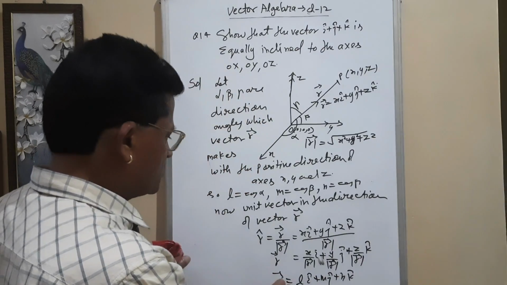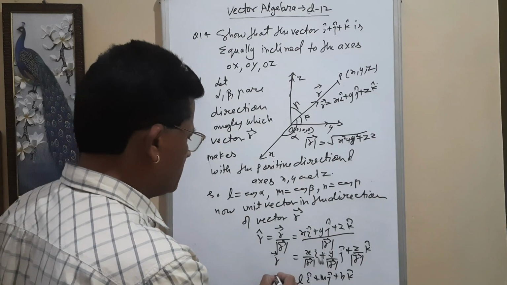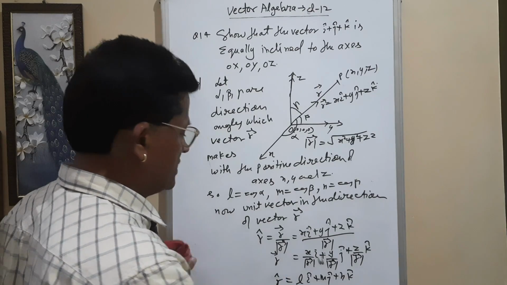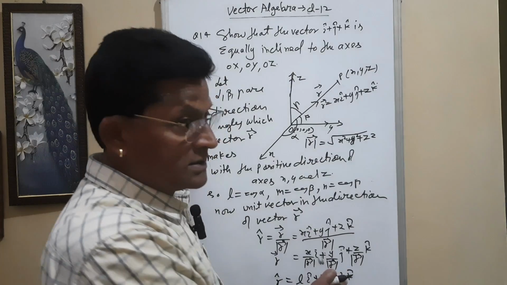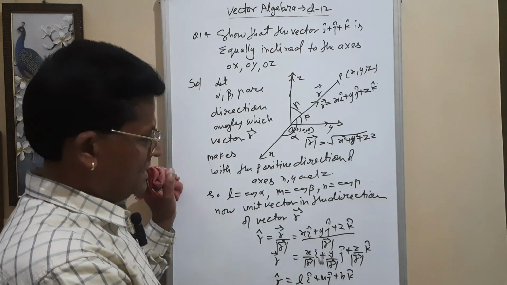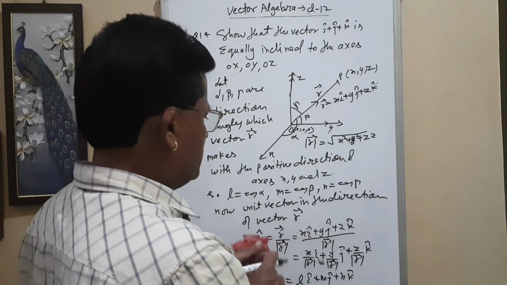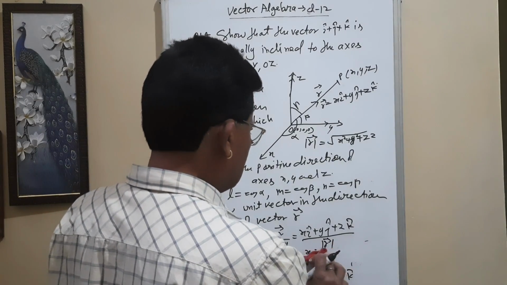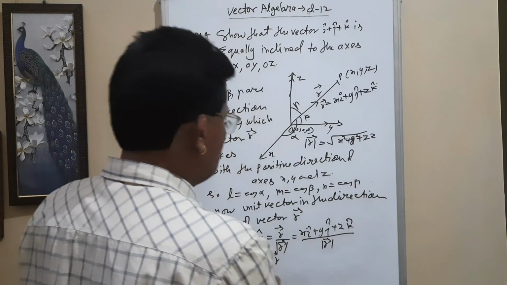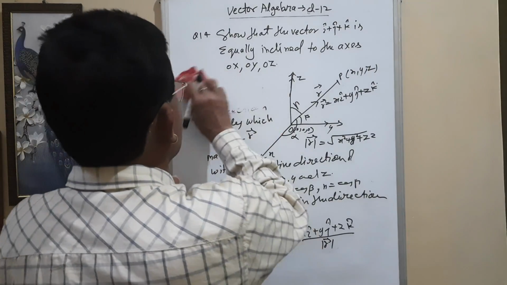If it is a unit vector, you must write R cap, it is a unit vector, equal to Li plus Mj plus Nk. The very important thing. Let me write it here. Maybe you cannot see this, so let me remove it from here and write it here.